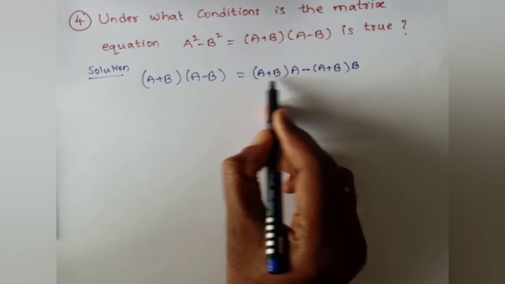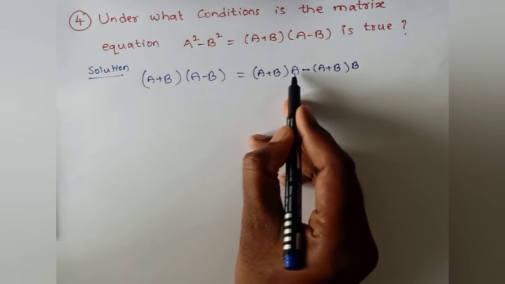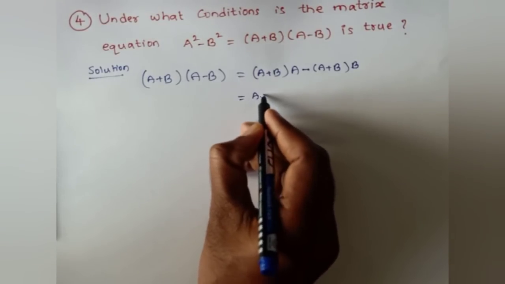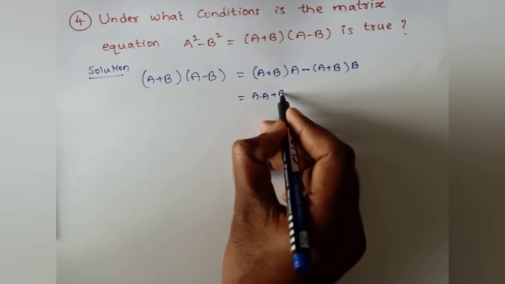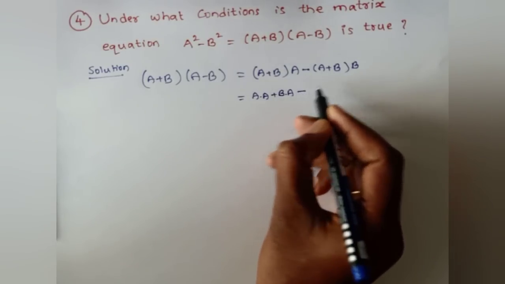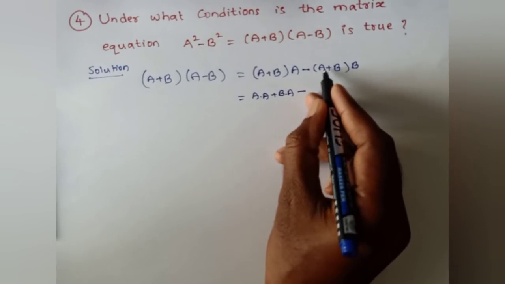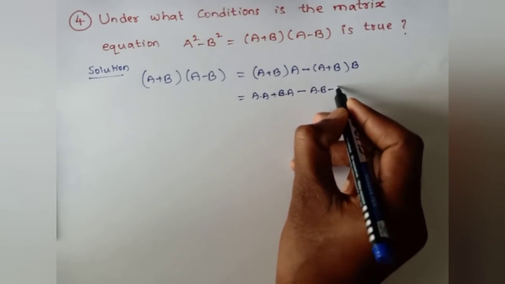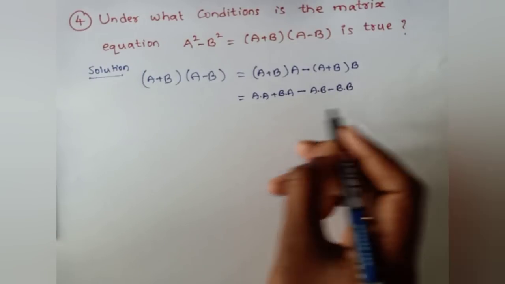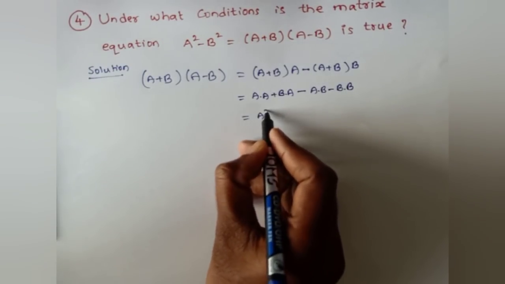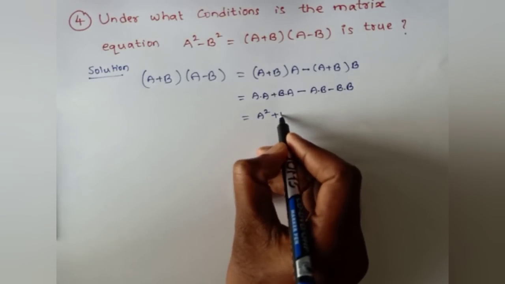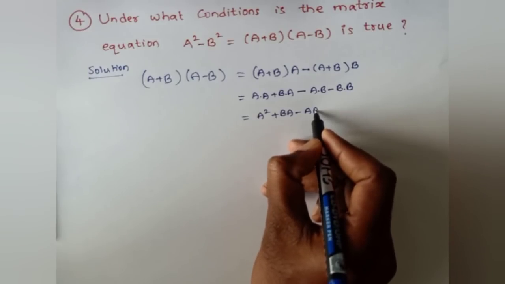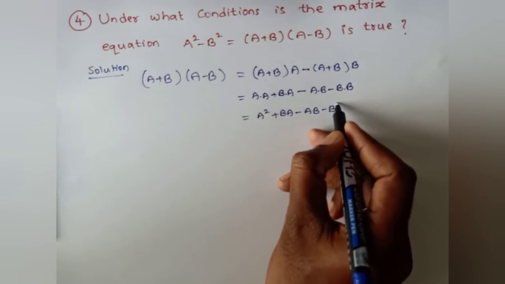Again, it is A plus B into C form, so you can distribute this matrix to A and B, so that it is A into A plus B into A minus, again applying the distributive law, A into B minus B into B. Now this A into A you can write as A square, plus B into A is BA, minus A into B is AB, minus B square.